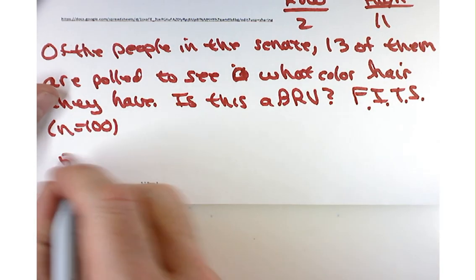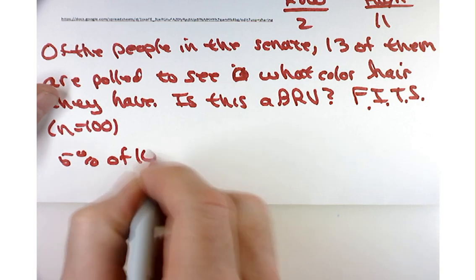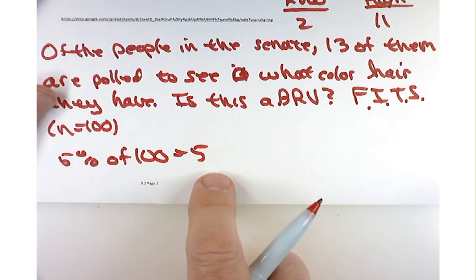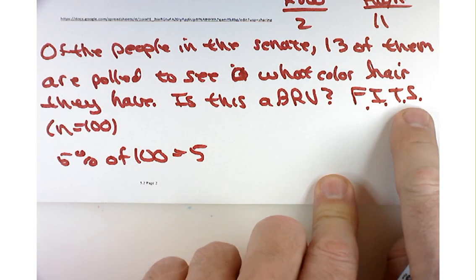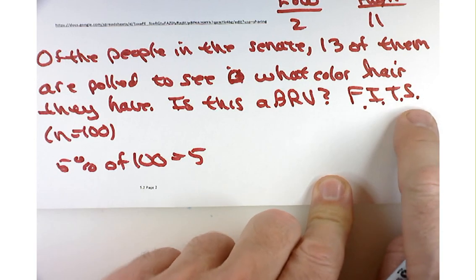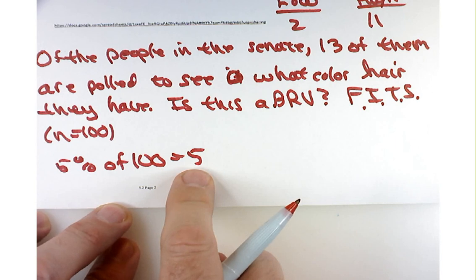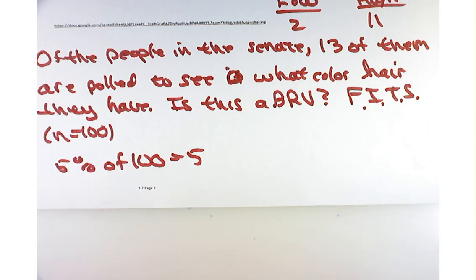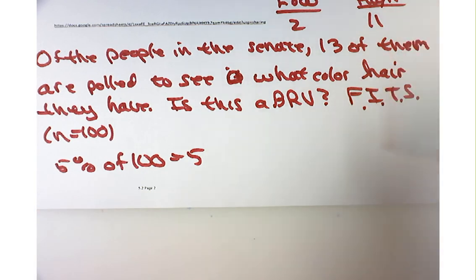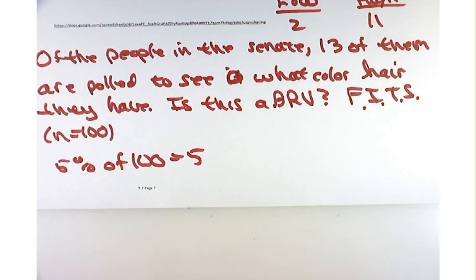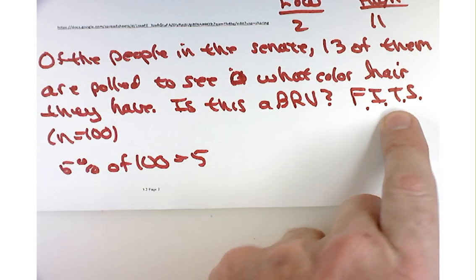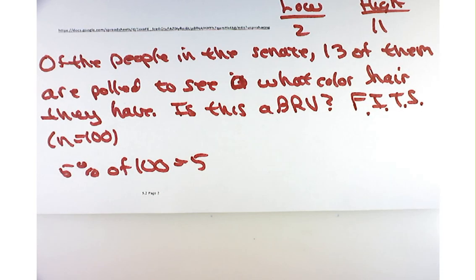Now, 5% of 100 is 5. So we can't assume that the probabilities stay the same or that we have independence when our sample size is bigger than 5. So you lose that. So there's a couple things wrong with something like this. Most notably is that it doesn't have 2 outcomes.